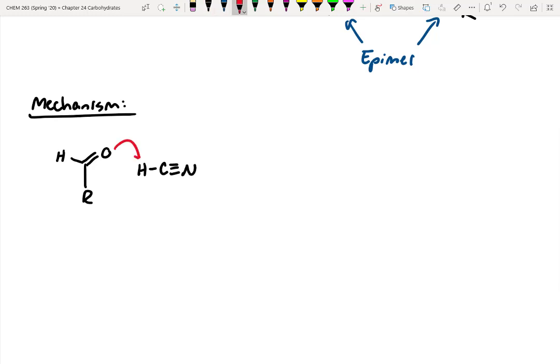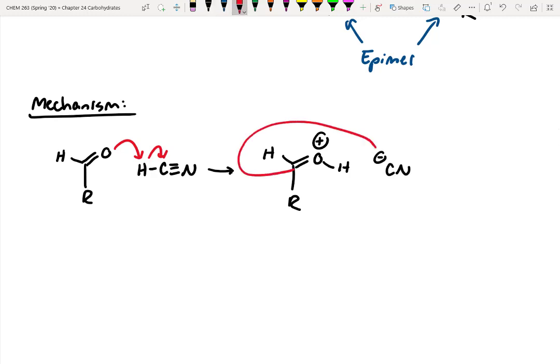We're going to protonate this oxygen on our aldehyde, and we're going to make this aldehyde into an even better electrophile by protonating it. And then we still have this CN- floating around. So this CN- is just going to attack in and kick up electrons onto that oxygen.